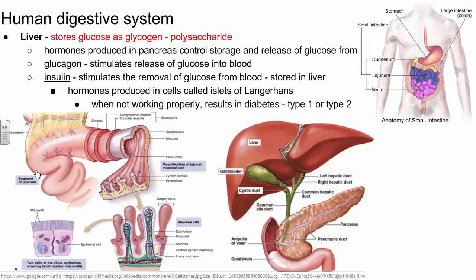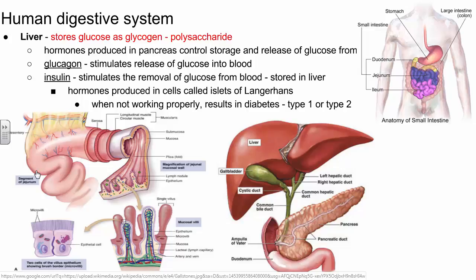It's called glucagon. Glucagon tells the liver, okay, blood sugar's too low, break down some of this glycogen and release it into the blood as glucose. And so our glucose levels in our blood come back up. So these two hormones, glucagon and insulin, are working sort of in opposite to maintain homeostasis in terms of our blood sugar levels, to keep it at the right level.